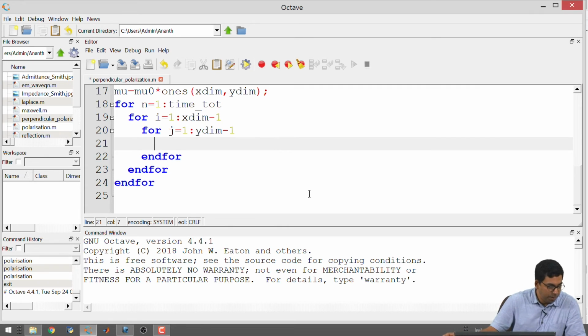Okay. Going to take the expressions that we have got in the finite difference form. All we need to do is update the magnetic field and then update the electric field. So, I will start with magnetic field update.